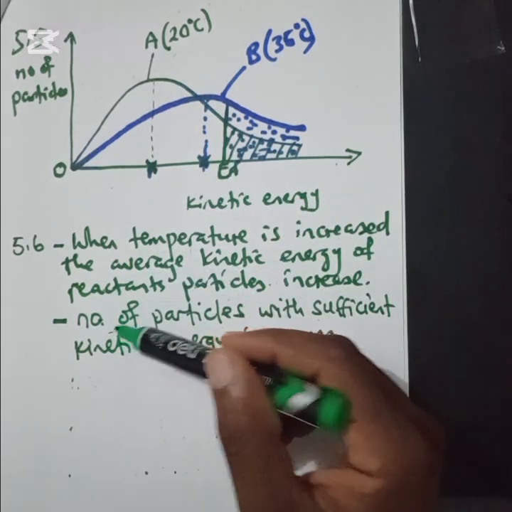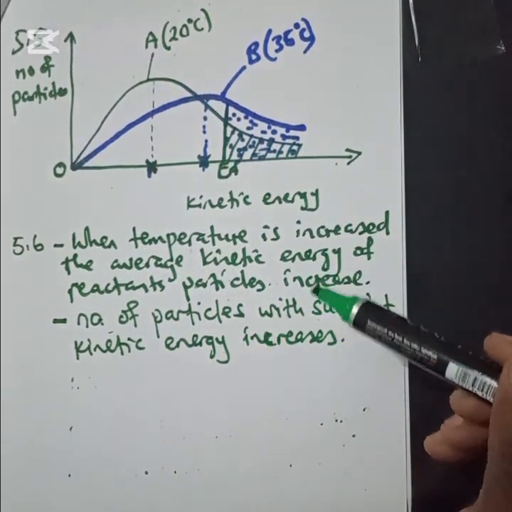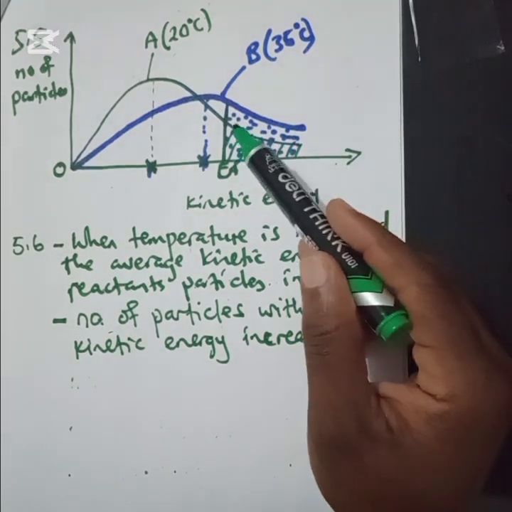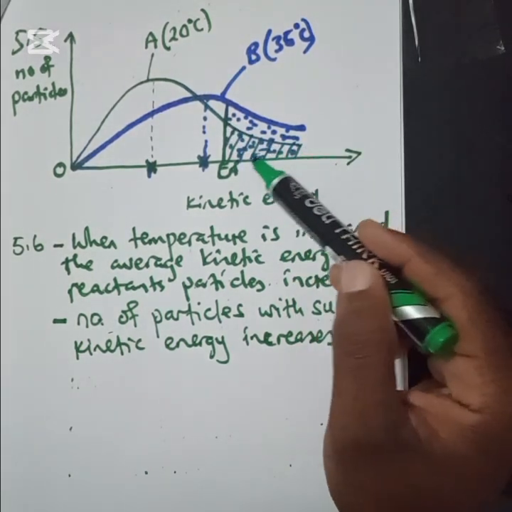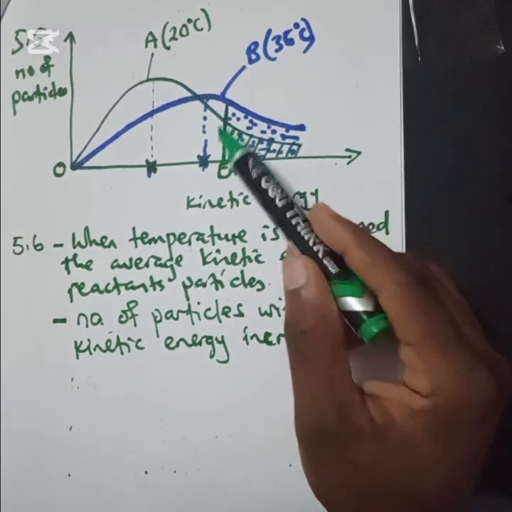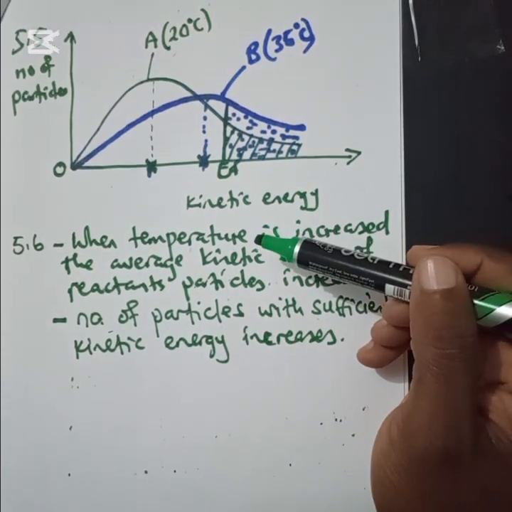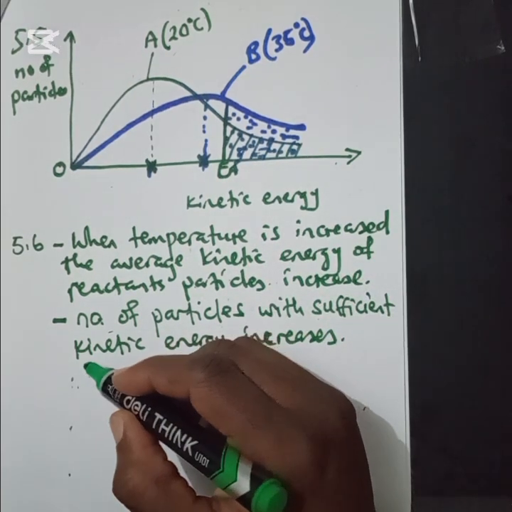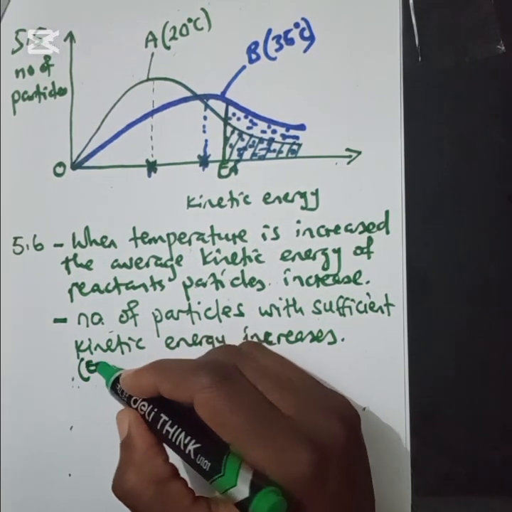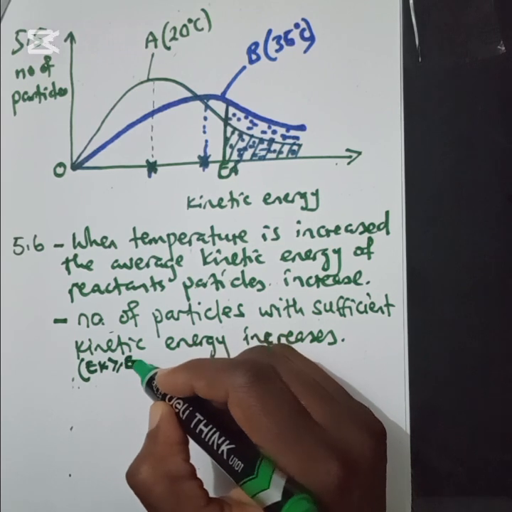Then the second point, number of particles with sufficient kinetic energy increases. So here at lower temperature, this was just the number of particles, but at a higher temperature, the number of particles with sufficient kinetic energy increases. And when we say sufficient kinetic energy, it simply means EK greater than or equal to EA.